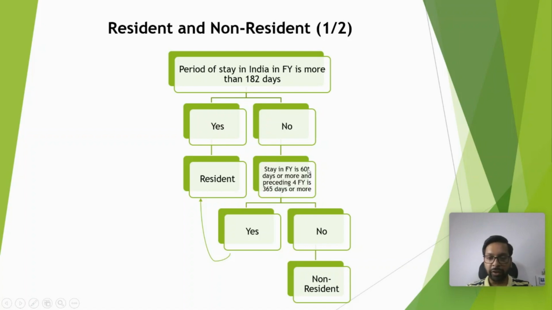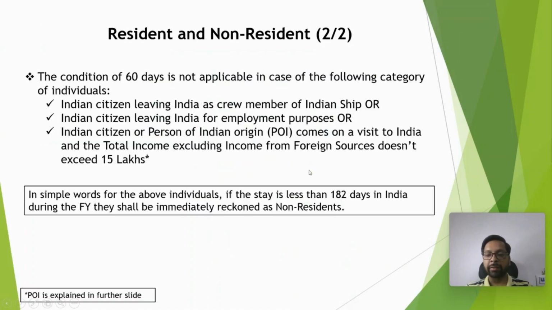Then, over 60 I marked one star. So there are certain exceptions to the 60 days rule. In case of the following persons on this slide, the person will be termed as non-resident as soon as his stay is less than 182 days in the financial year in India.